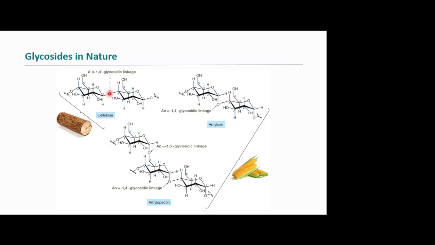So notice the beta right here, right? Same side as that carbon. This is the first carbon on that one. This one over here is the fourth carbon. And again, that's just going to be your acetal being formed right there. And so that would give you cellulose.